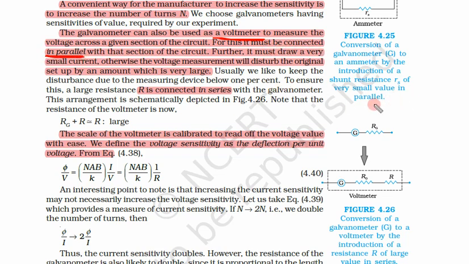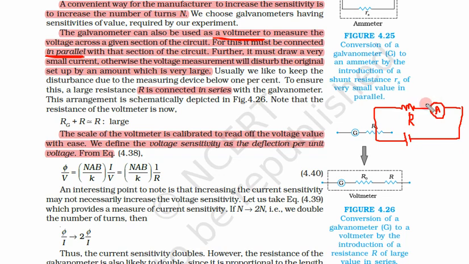So if you see a circuit, let me make a circuit. So if there is some resistance, okay, and if I want to measure the current in the circuit, the ammeter must be connected in series, and let me connect it to a battery. So this circuit is completed. So this is the resistance in which we want to measure the current. This is our ammeter.